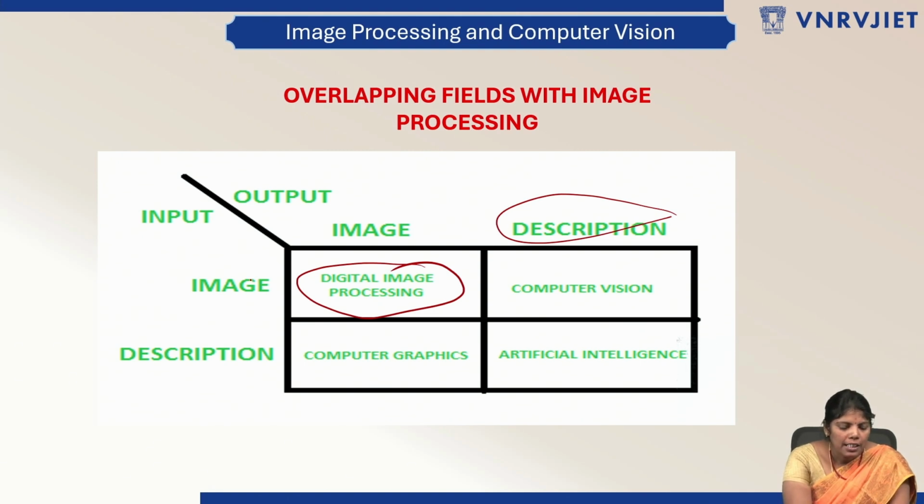If the input is a description, for example when you write code and finally get an image, that is computer graphics. And if the input is a description and the output is a description, that is artificial intelligence, where we give instructions to the robot and it automatically does some task. This happens with artificial intelligence.